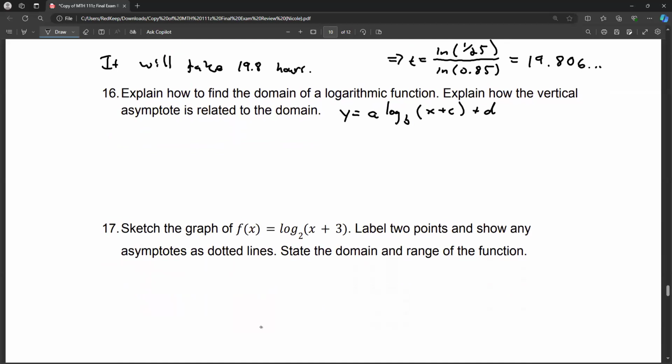So here, if I were asked to find the domain in this general form, I would just find, right, when the argument of the logarithm, x plus c in this case, is greater than 0. So to find the domain of the log function, set the argument greater than 0.